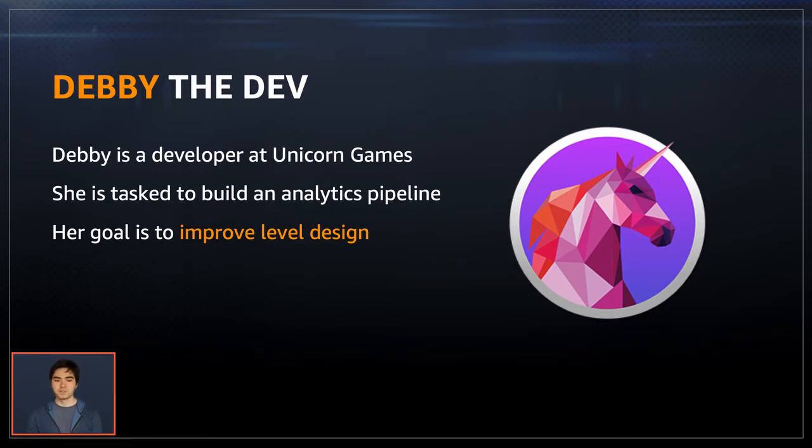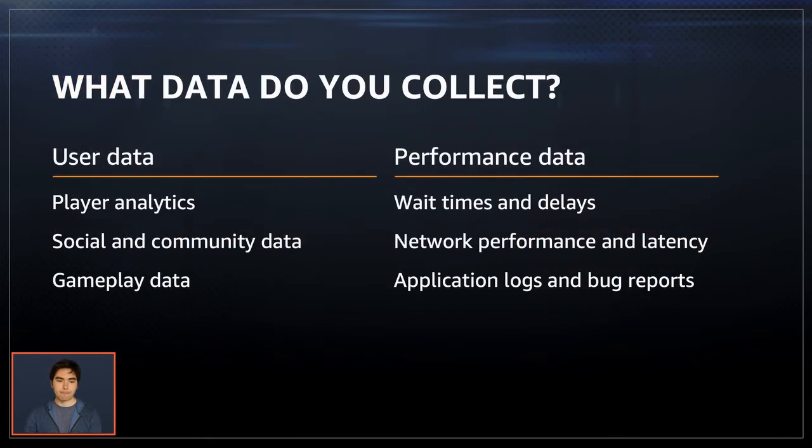And Debbie's specific goal in this whole challenge is to improve the level design of flying robot unicorns in space to make sure that their players are enjoying the game as much as possible. So that's her end goal. And we're going to follow her thought process and the journey that she goes on and find out what services AWS offers that can help her.